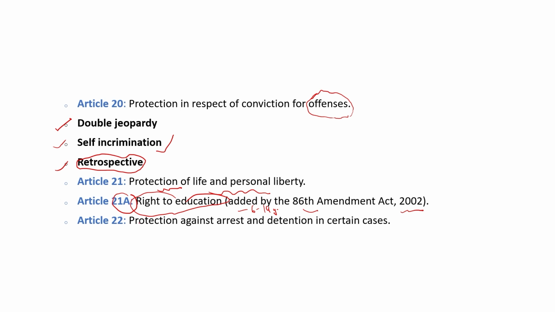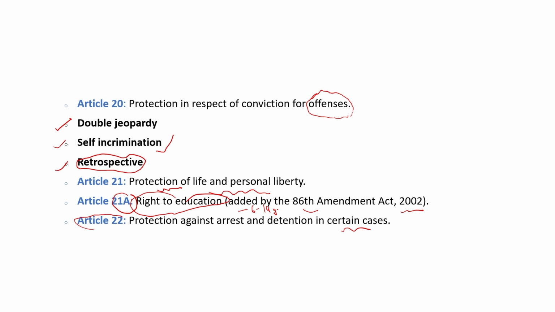The next is Article 22. It provides protection against arrest and detention in certain cases. Okay, Article 20 provides protection against conviction of crime, and Article 22 provides protection against arrest. What are the protections which Article 22 provides? It gives you the right to hire a lawyer.